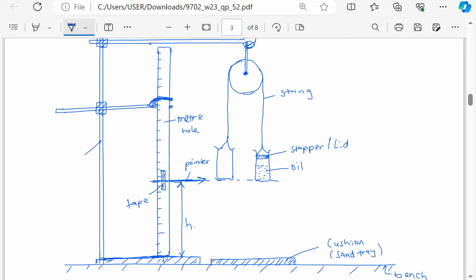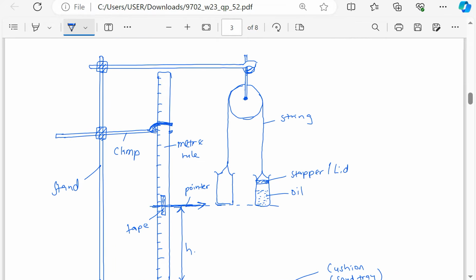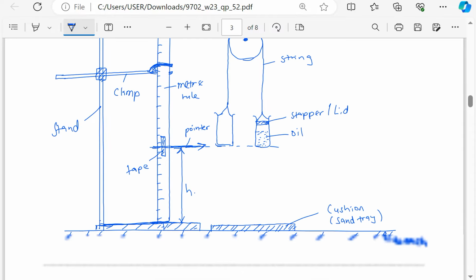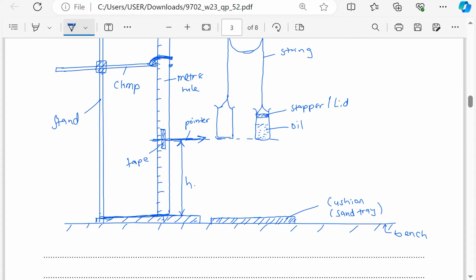So this is of course the stand. These are clamps. Okay. Now to also ensure that the ruler is vertical, I must use either a spirit level or a set square. So I'll use a set square.